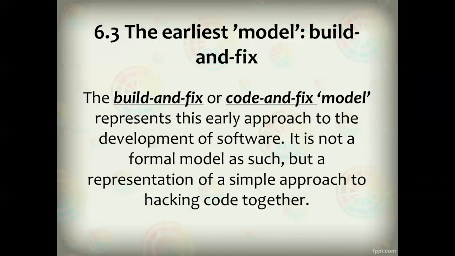As we saw earlier, in the pioneering days of software development, there was no recognized process for developing software. Programmers merely attempted to grasp an understanding of the problem as best they could and cobbled together some code to address this problem.